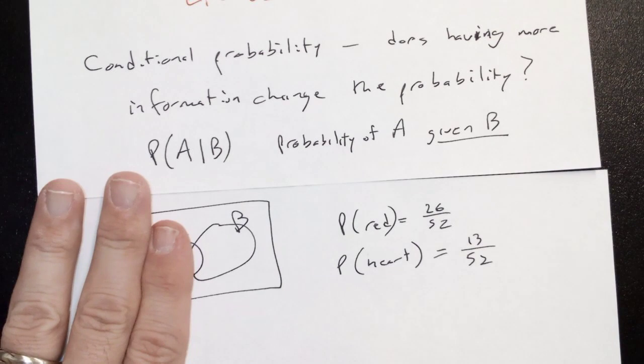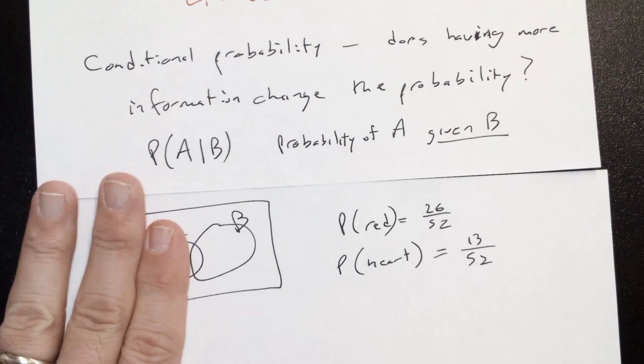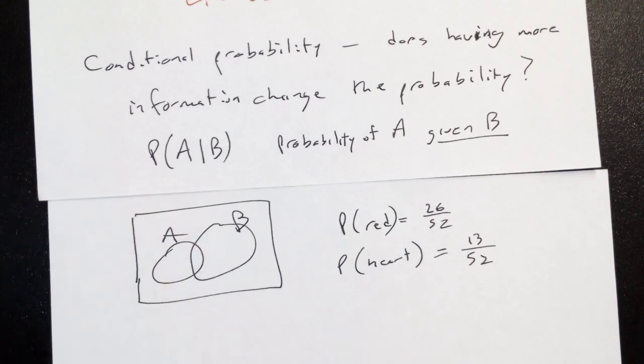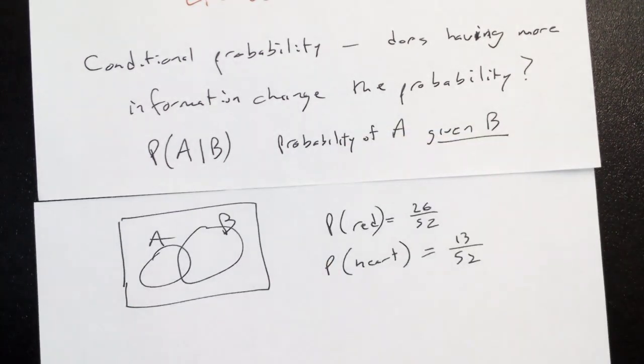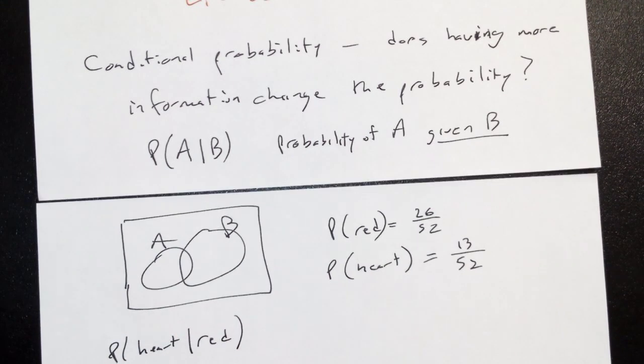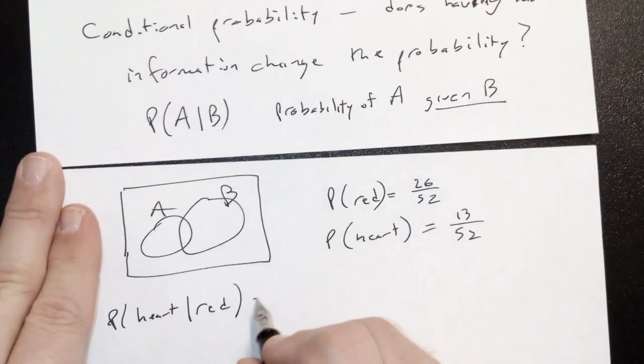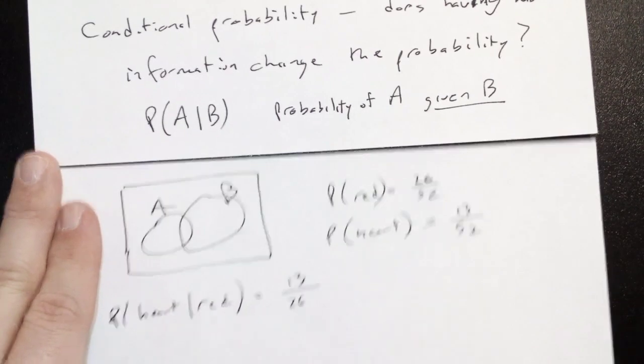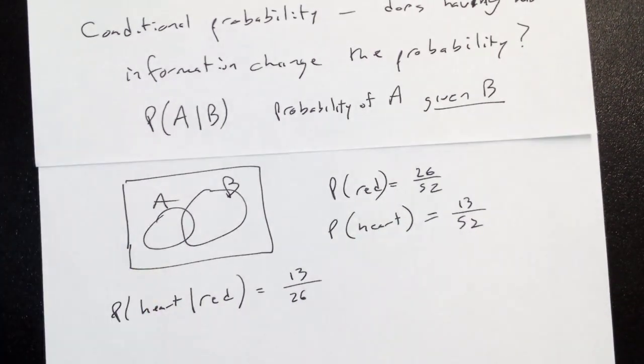You can only use that part. So when I look at this probability of heart given red, I change the way I think of my universe. I'm no longer thinking in terms of the whole deck of cards. I'm only thinking in terms of the red cards. Well, there are only 26 red cards. So I can say, oh, well, this is now 13 out of 26 instead of 13 out of 52.